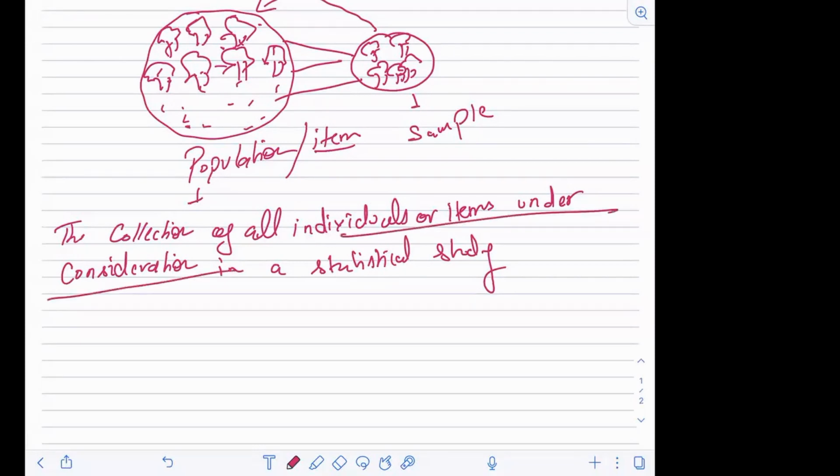As I said, trees. In this case, our collection is the collection of trees, right? The item, maybe the people, maybe animals, maybe cars, or whatever. Or maybe the patients, maybe the hospitals, maybe the government banks or the private banks, whatever. The collection of all items under consideration in a statistical study is called population.